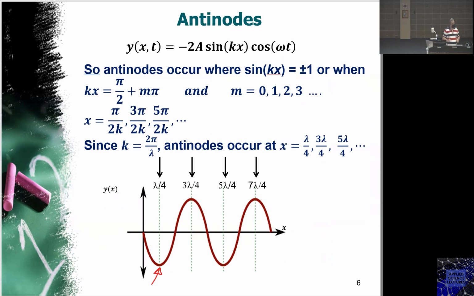It is lambda over 2. Although the starting point is different, the spatial difference is lambda over 2. So from here, lambda over 2.